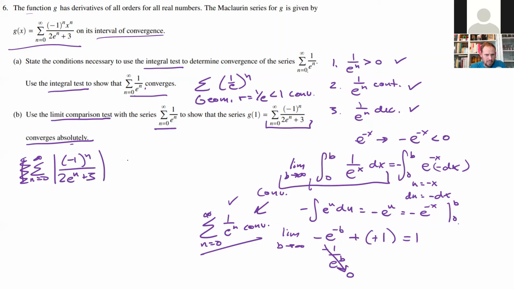We want to show that it's less than 1 over e to the n. And this we know converges because we just showed that it converges. Actually, no, we're doing limit comparison, not just comparison, sorry. So for limit comparison, we're taking the limit as n goes to infinity of the absolute value of this guy. Sorry, I didn't need to do that at all. No, I'm not going to try and erase it.